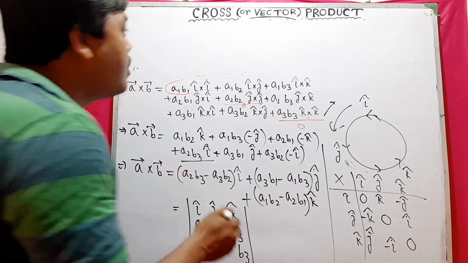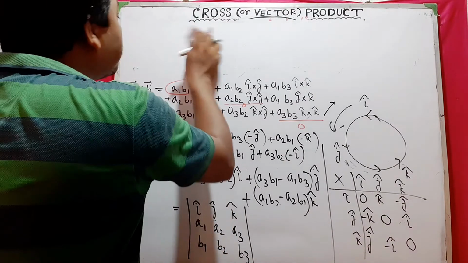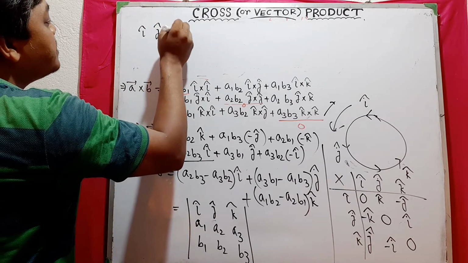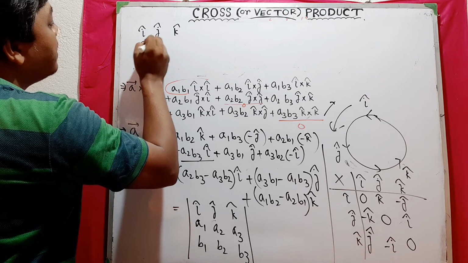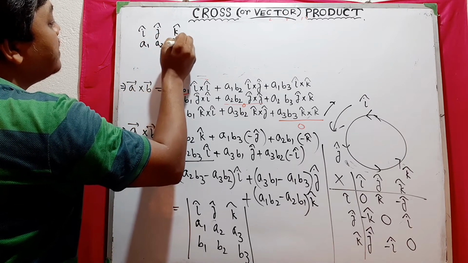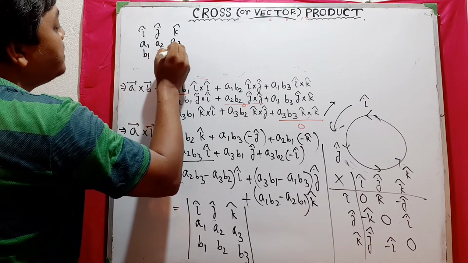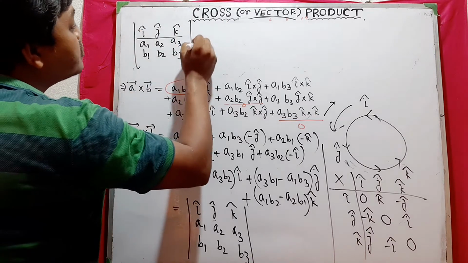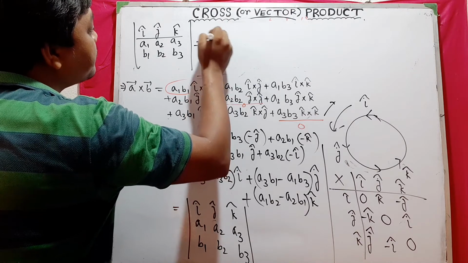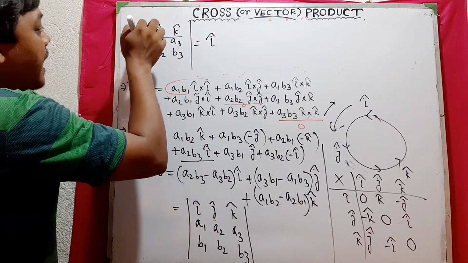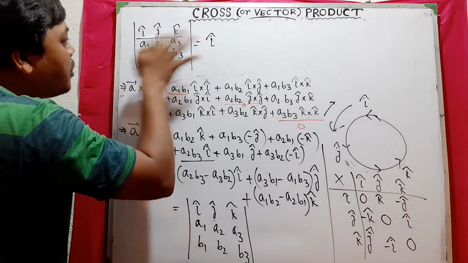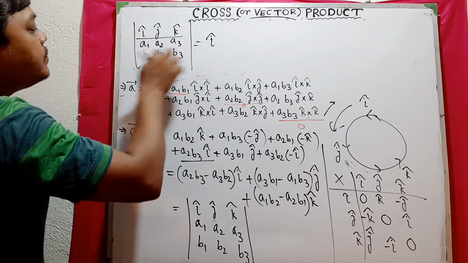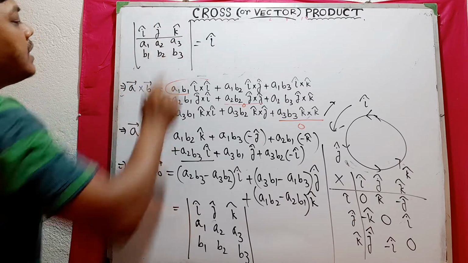ডিটারমিনেন্ট ক্যালকুলেট হচ্ছে এক্সপ্যান্ডিং উইথ দ্য এলিমেন্টস অফ ফার্স্ট রো। আমরা ফার্স্ট রো বরাবর এলিমেন্ট নেব। সো I cap, ওকে, এই I cap এর বরাবর এইগুলোকে বলা হয় রো, 3 rows 3 columns, 1 2 3 rows 1 2 3 columns.